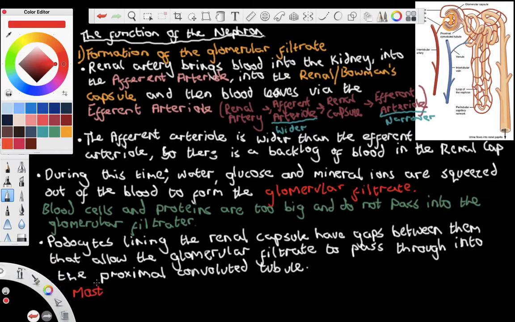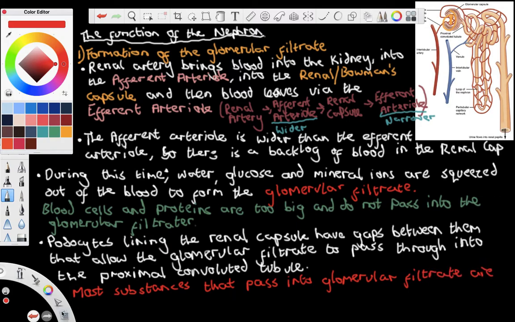Most substances that pass into the glomerular filtrate are really useful and need to be reabsorbed.